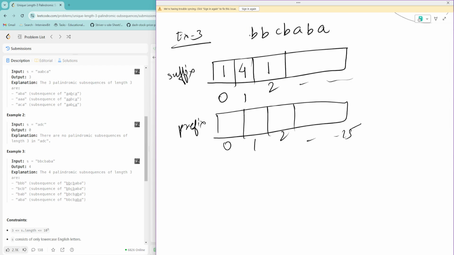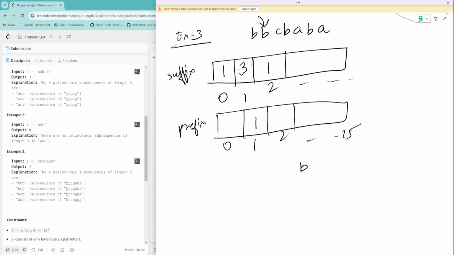If I try to traverse this particular string, we find B. The first rule is to decrement the suffix by 1. I am at B. Try to find any element that exists previous to B. None found. Before moving to the next character, increment its prefix.